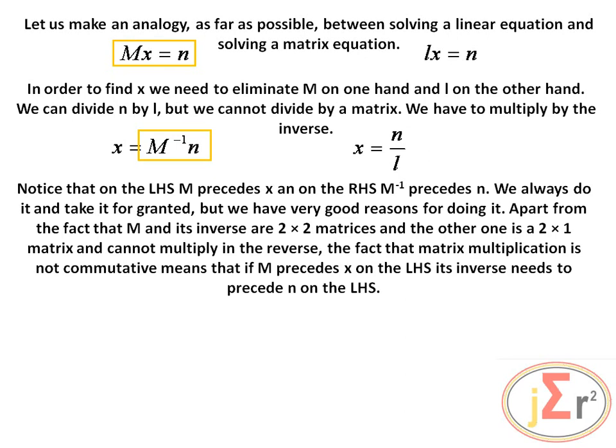However, we also need to be mindful of the fact that matrix multiplication is not commutative. In this particular case, we do not have any 2 by 1s. We have 2 by 2s. However, it is still very important that we are careful where we place the inverse of the matrix, whether it precedes or comes after the one that we are multiplying by.